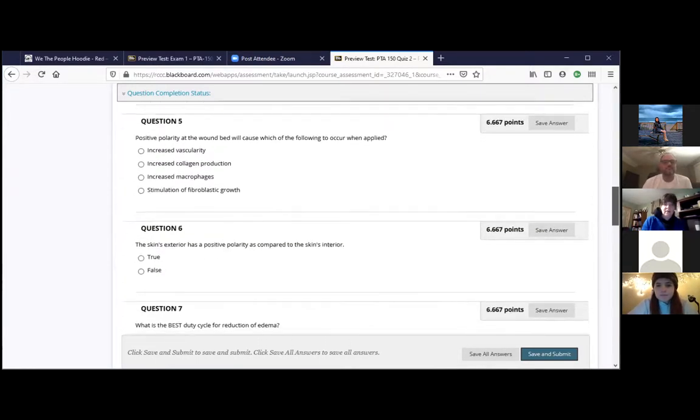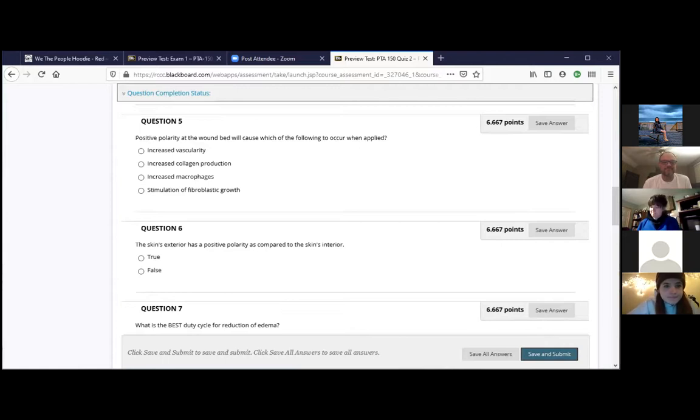All right, number 5. This is kind of what we talked about earlier. Make sure you know the difference in physiologically what's happening with positive, what's happening with negative. So it increases the macrophages. Macrophages. Okay. It eats the bacteria.